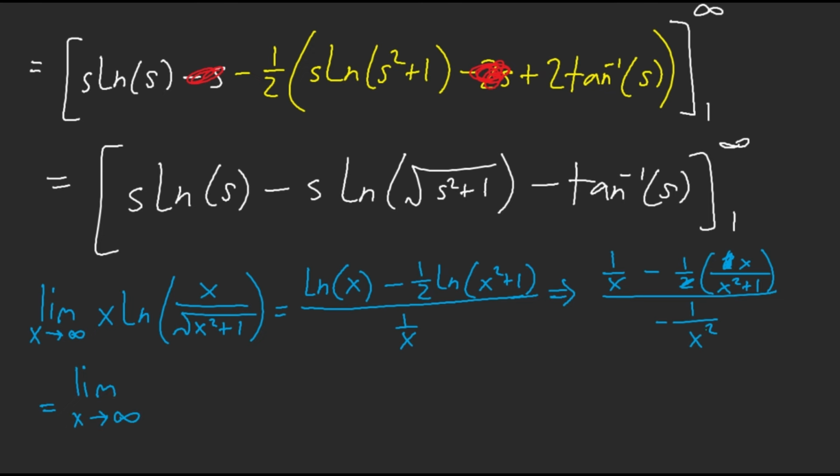Let's see, if I multiply negative x squared, I end up with x cubed. X cubed over x squared plus 1. And then minus x.